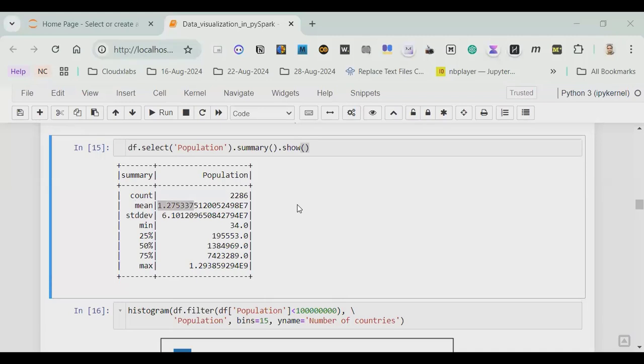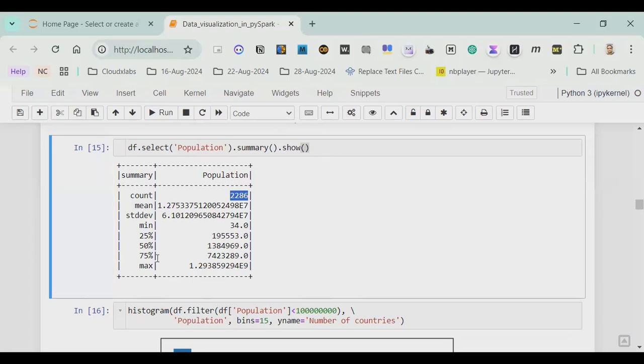The average value of the population column is 1.27, which is approximately 12.75 million. We have to understand this is nothing but a 12.75 million average, whereas count is the number of non-null values.